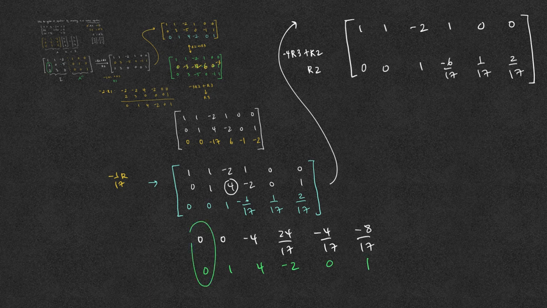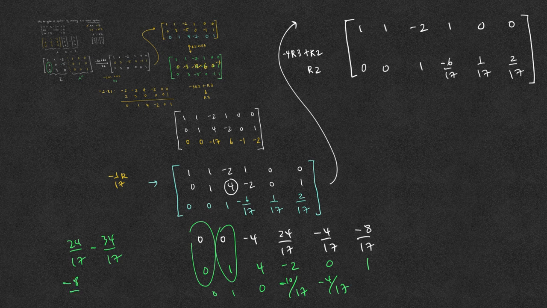0 plus 0 is 0. 0 plus 1 is 1. Negative 4 plus 4 is 0. 24 over 17 minus 2, which is the same as minus 34 over 17, so this is negative 10 over 17. Negative 4 over 17 plus 0 is negative 4 over 17.